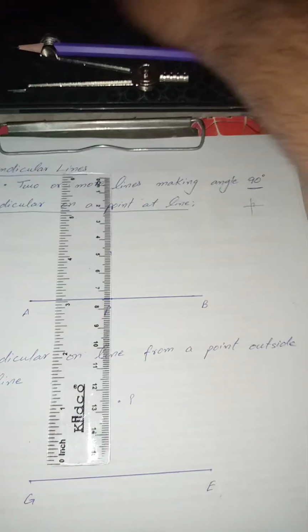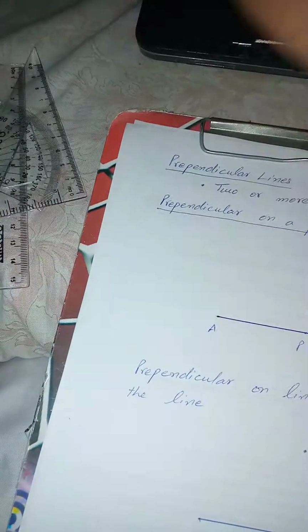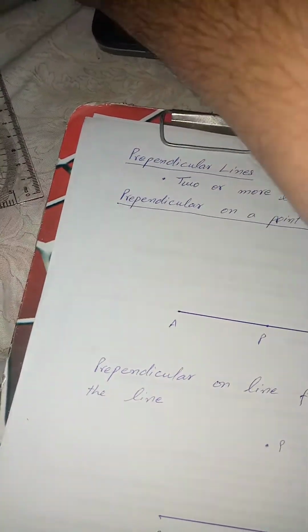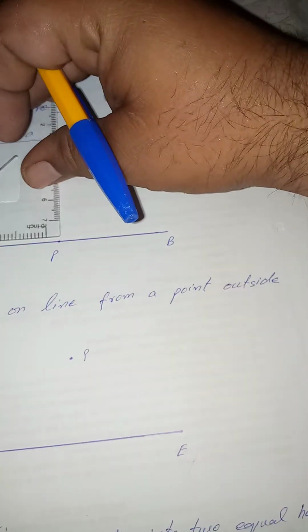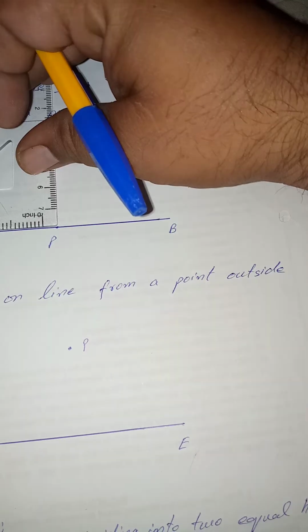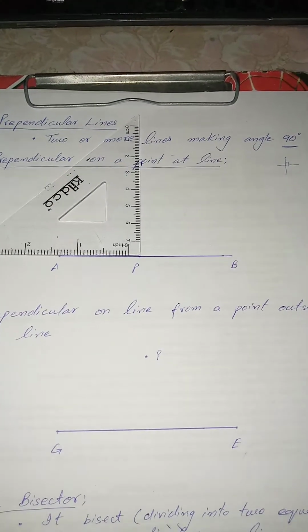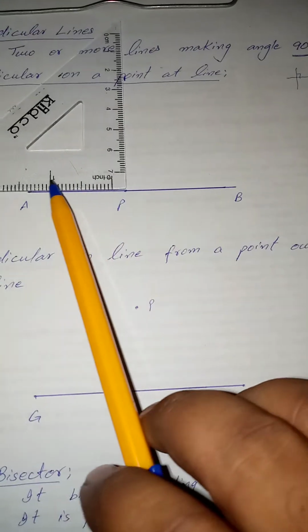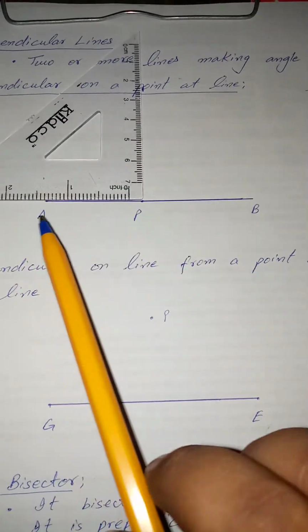Okay, the other method is using the set square. If we want to use a set square, then we will place the set square so that its 90 degree corner is just on the point P, and this horizontal side is on the other side, just coinciding with the line.